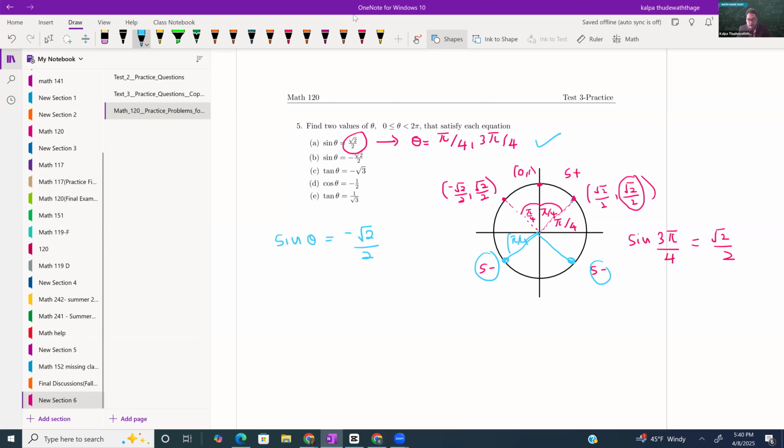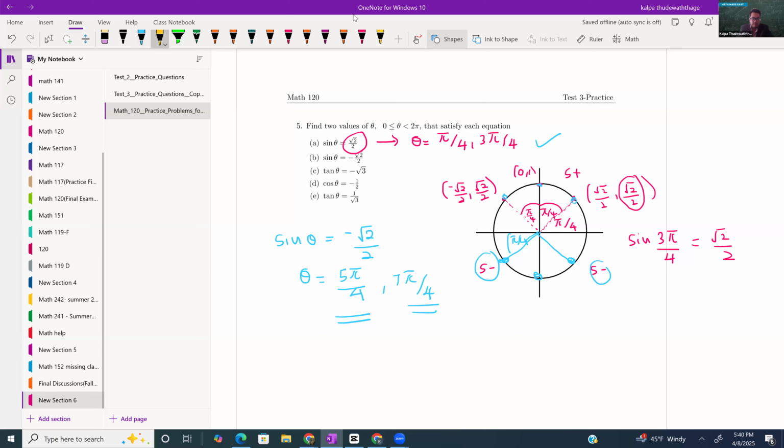So it's 1, 2, 3, 4, 5, so 5pi/4. And the other is 7pi/4. These are the two theta values. The sine of those theta values will be negative √2/2.